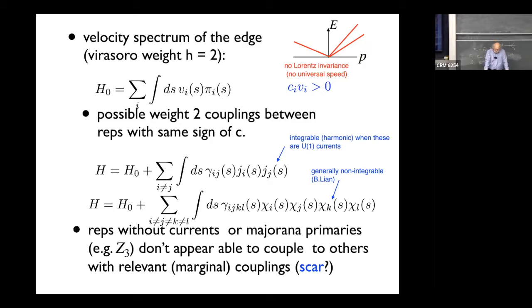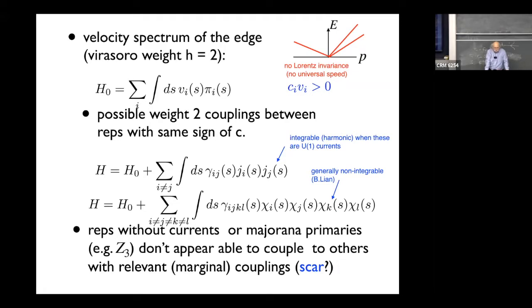But you could also have CFTs which have Majorana primary fields, in which case you can also make these marginally relevant terms, because they change the spectrum, right? So you could take four different Majoranas, and it turns out if you've got 4, you can still turn it into something integrable, where you get a set of velocities. But if you've got more, I'm not sure you can actually make these velocities different.